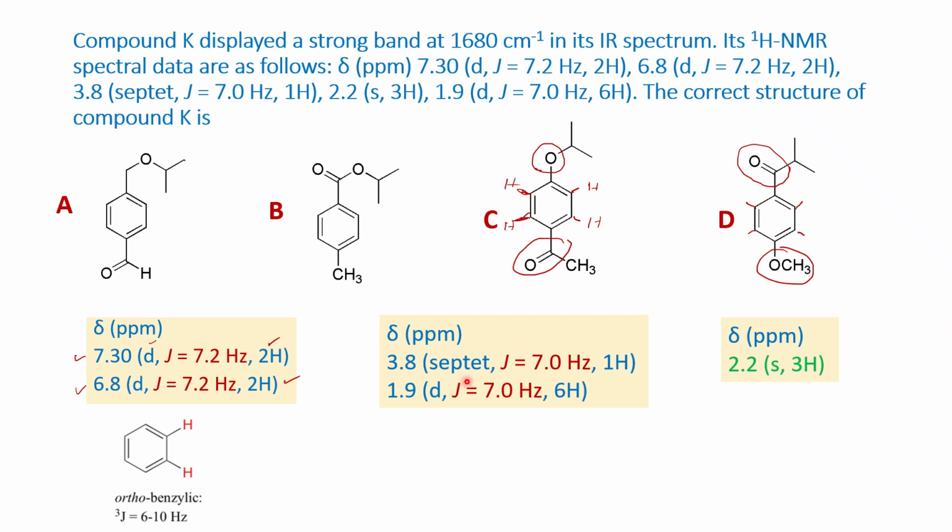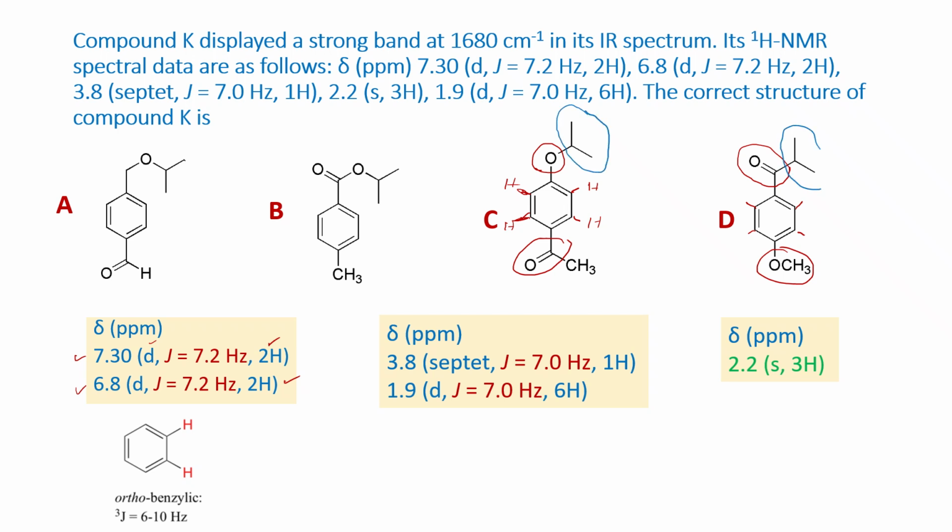Now coming to the next. In this next set of data, we see one proton is a septet and six protons are a doublet. Obviously, when we look at these molecules, in this particular area we have an isopropyl group.